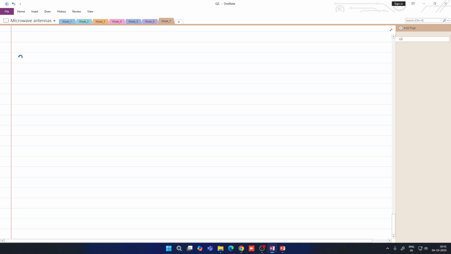Question number 11. The width W of the patch is, and I am directly going to use the formula for a rectangular patch antenna.